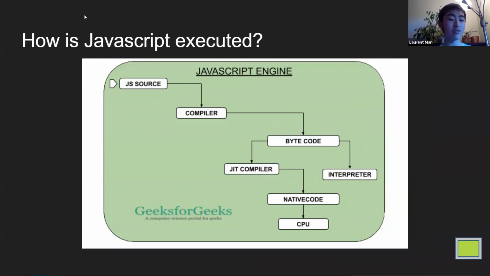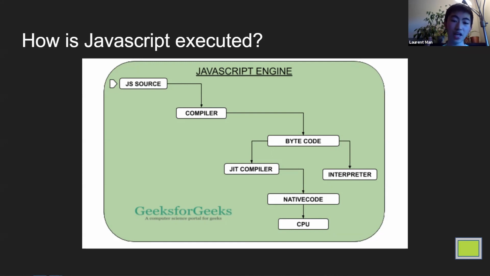So then this dives a little deeper into the JavaScript engine. You have the JavaScript source code, for example console.log hello world. It's very understandable English. Then it goes to the compiler, which compiles the code into machine-readable instructions called bytecode.